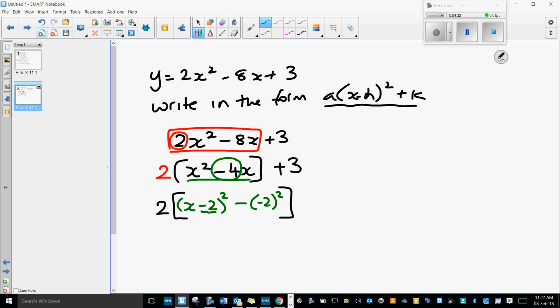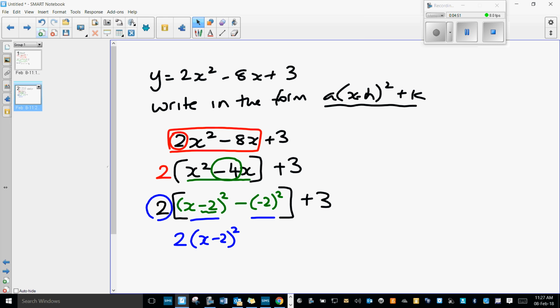Then we have to bring in the fact that we have this 2 here. This 2 affects both of these things inside the bracket, so I'm going to have a big 2 times x minus 2 squared. Negative 2 squared was 4, so this was minus 4.